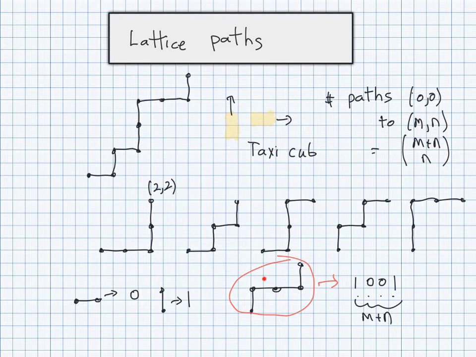But you had to do m east steps and n north steps. And so you have to have n ones. Therefore, to each lattice path, you have a bit string of length m plus n with exactly n ones, and that's exactly what we wanted.